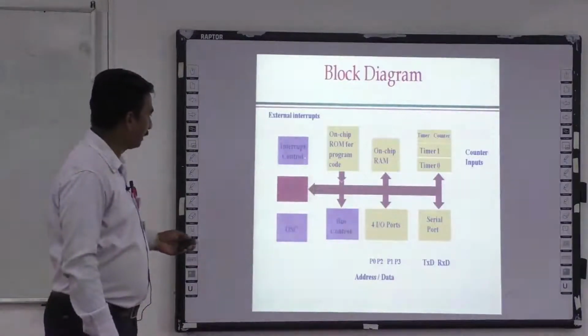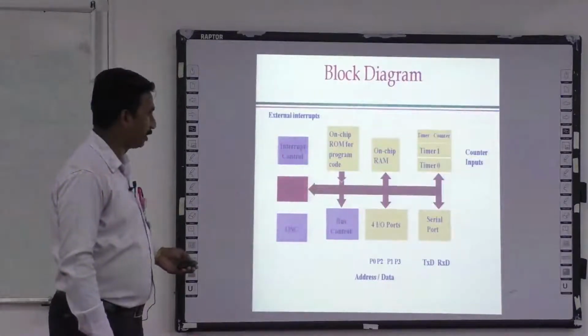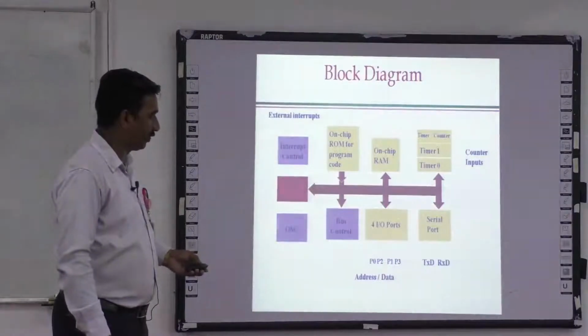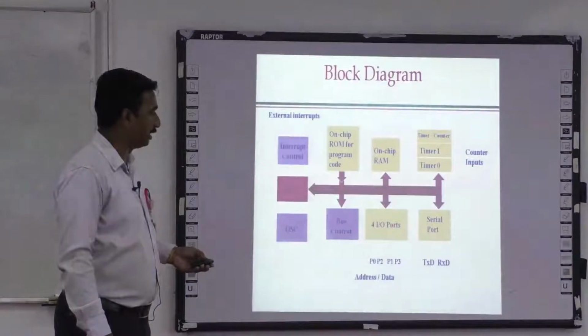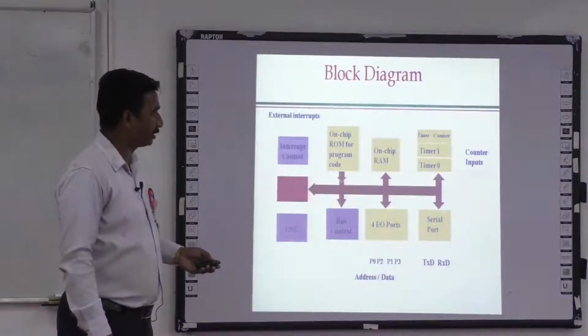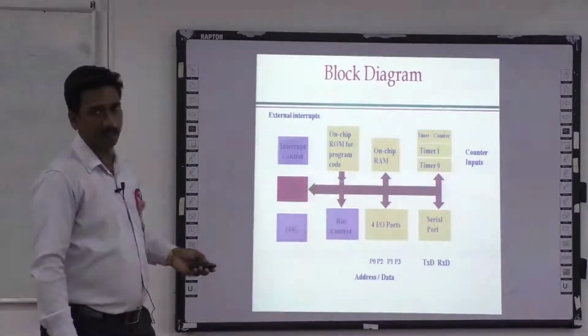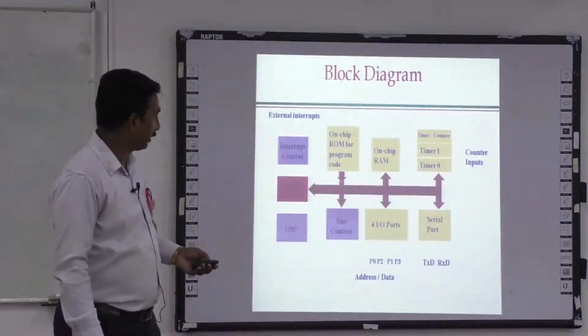And here we have interrupt control, and the oscillator called the crystal, which gives the heartbeat of the microprocessor or microcontroller, and bus control, and input outputs. Here we can connect inputs and outputs like motor, LED, LCD, 7-segment. We can connect any sensors as output devices, and a serial port, like USB and other serial devices, can be connected here.